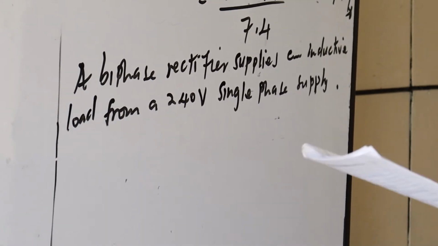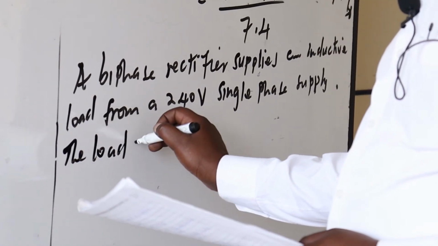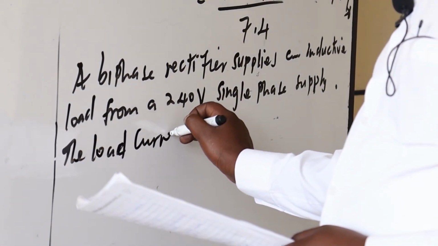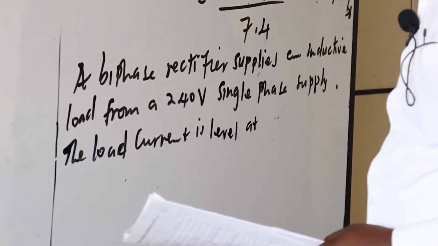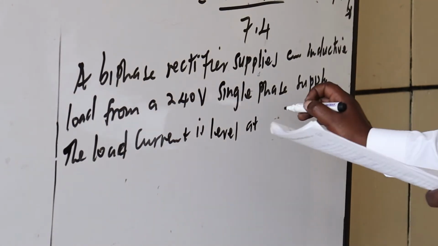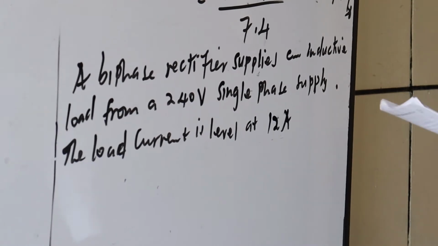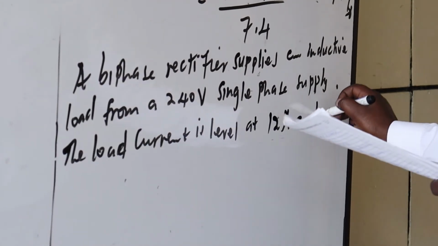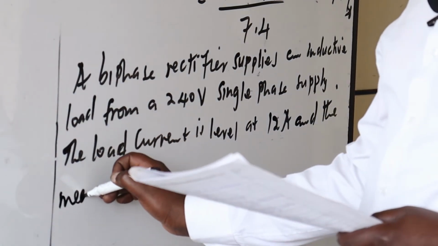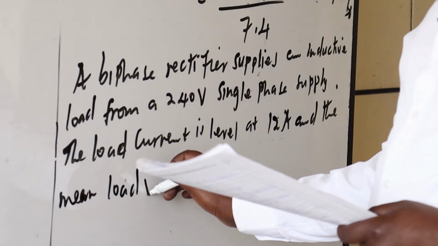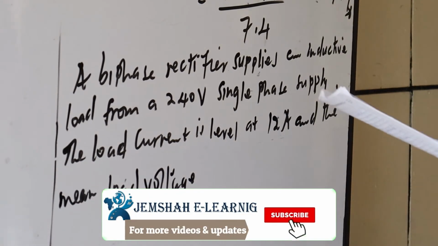Now the load current is level at 12 amperes, meaning that's the maximum value, and the mean load voltage is 150 volts.